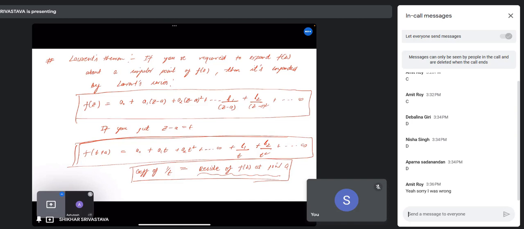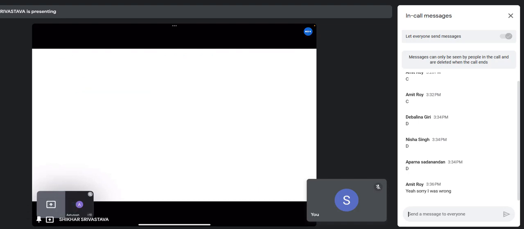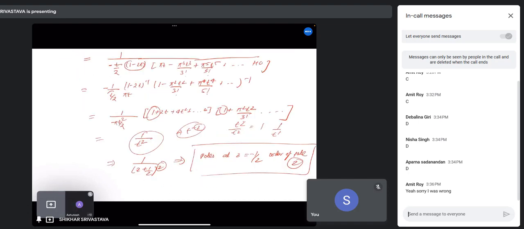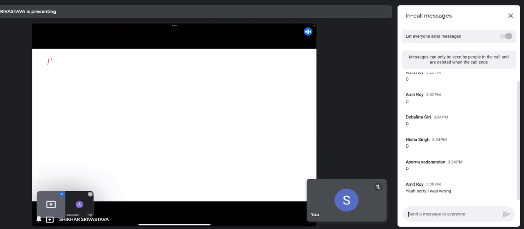Suppose you have any function and it has a singularity at a point, and you do the Laurent expansion of the function in this form, then whatever coefficient of 1 by t you have will be the residue of the function at that point. This is not the only way to find residues. There are simpler ways also. There are 2-3 ways of finding residues.